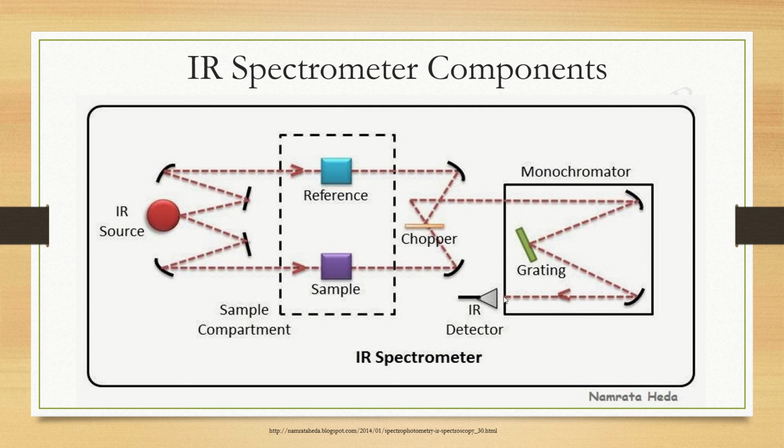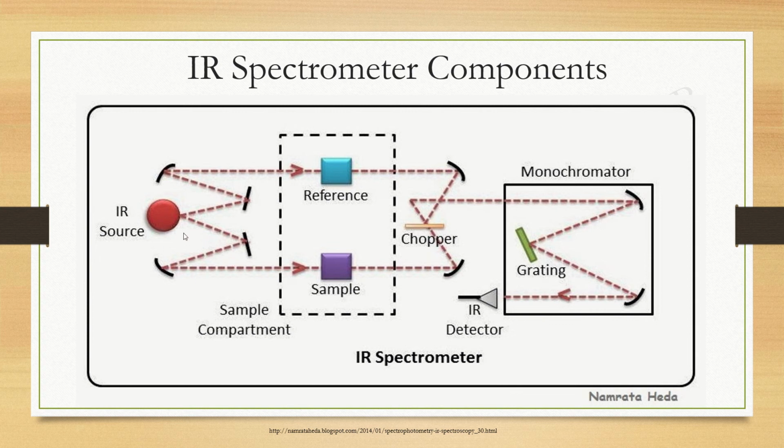So this is a block diagram of a dispersive IR spectrometer. From the IR source, the radiation will first reach the mirrors, get reflected to these mirrors, and then pass to the reference or the sample cell. What is the use of these mirrors?